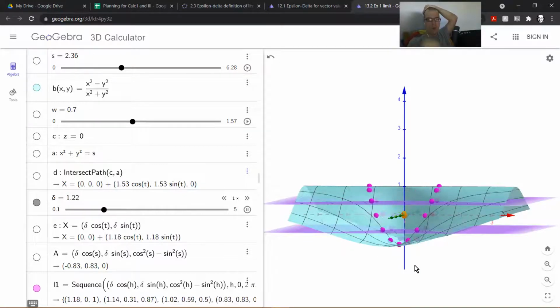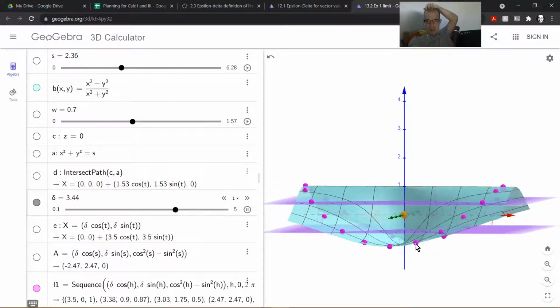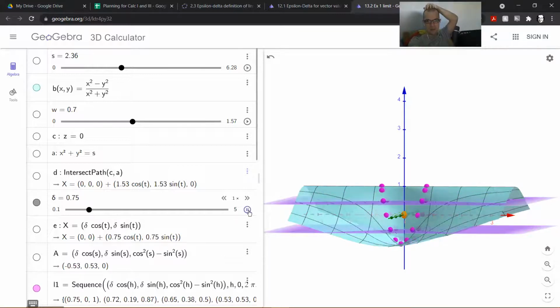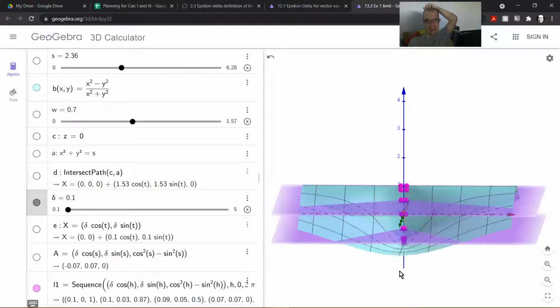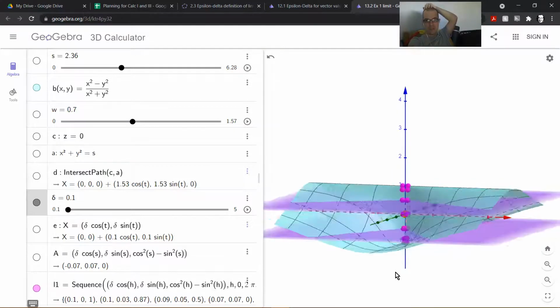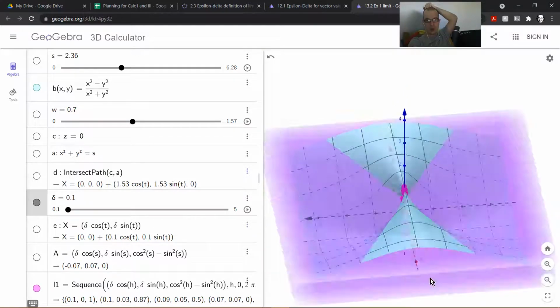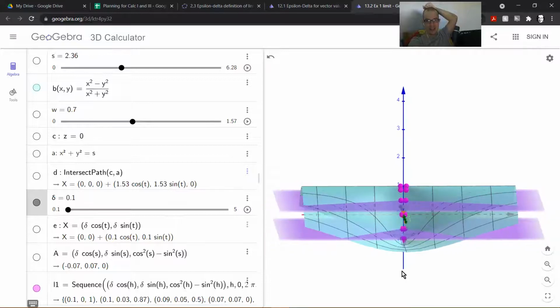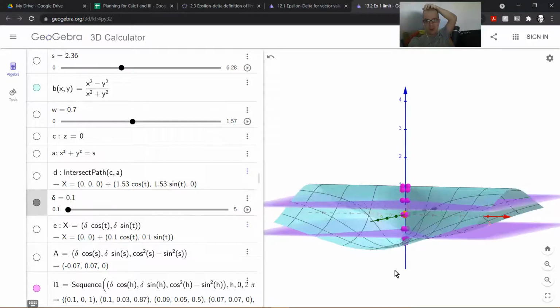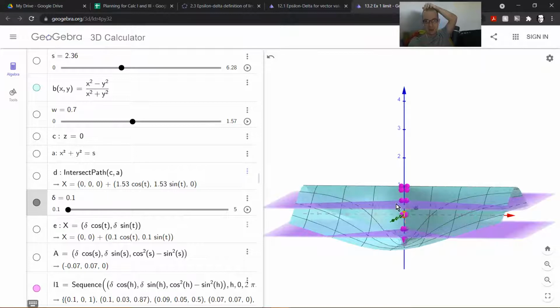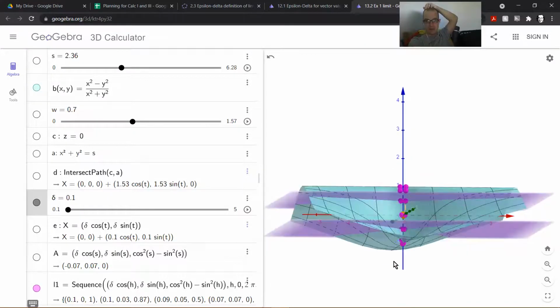This is a scenario where the limit's not going to exist at the origin, at x equals 0 and y equals 0, because we've got so many different distinct z values. And actually, here, if we freeze it really close, you can see that depending on which path we take towards the origin on the surface of this function, we can really reach any z value in between 1 and -1.